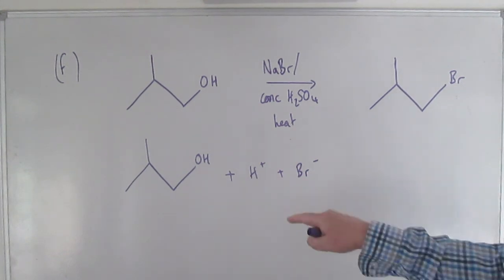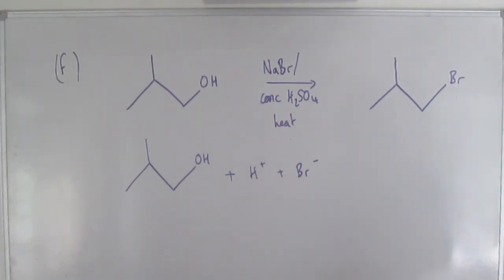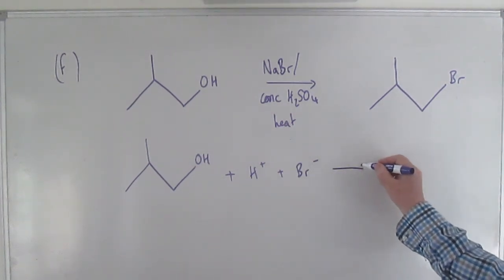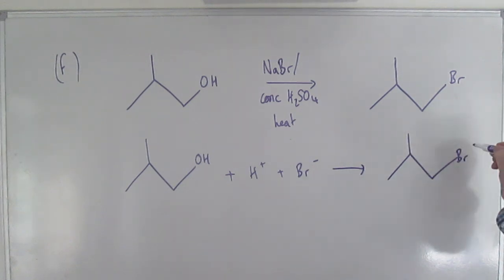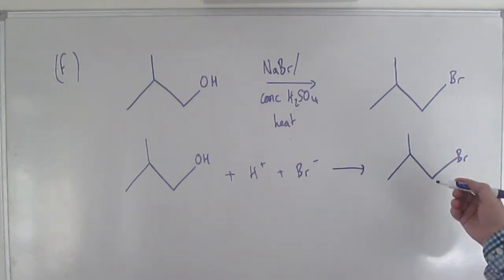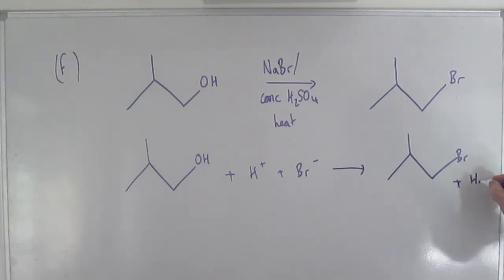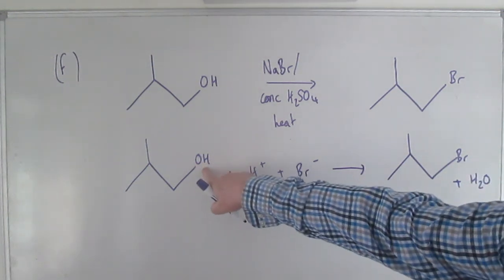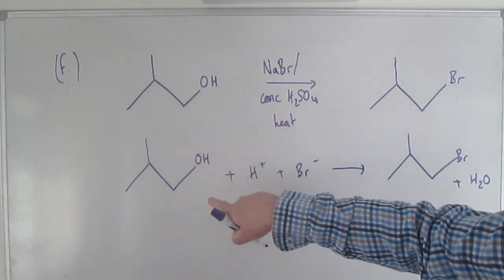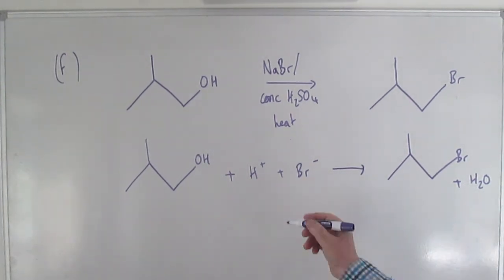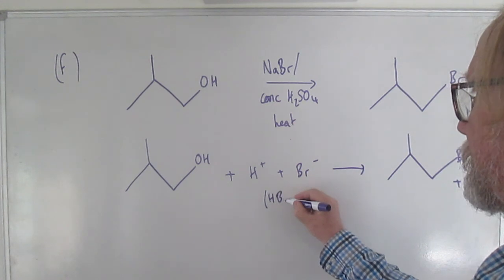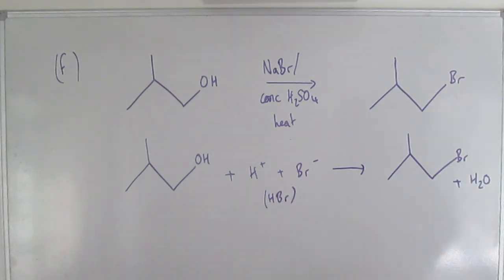When it comes to the mechanism, these two things react separately, so I think this is not just a way around the problem, it's actually the best way of showing what really happens in the reaction. You then get your bromoalkane, and you get water as the other product. Because you get OH- being replaced by Br-, and that combines with the H+ to form the water. So that, I think, is the best way of writing the reaction, but you can write it with just HBr in there if you want to.